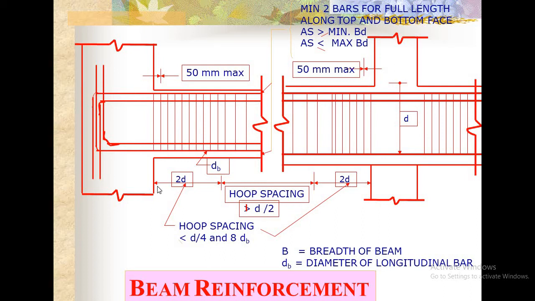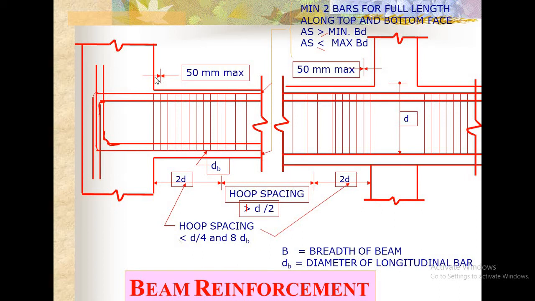Here, from support to support is the total span. The first 2D, that much length, is the shear region from either support. In the remaining portion, the spacing should not be greater than D by 2.